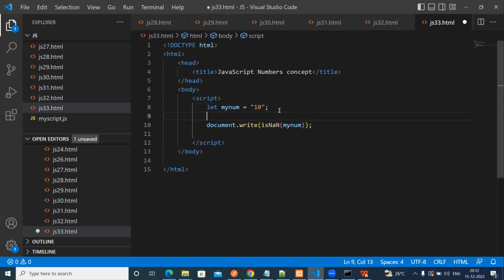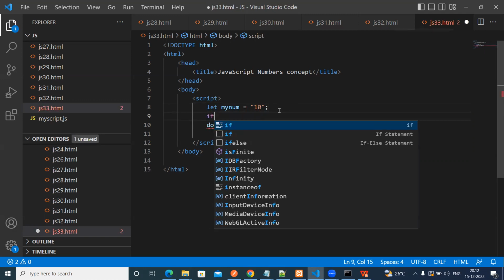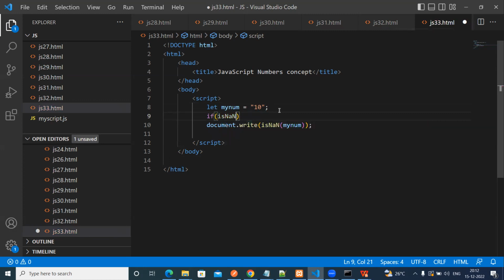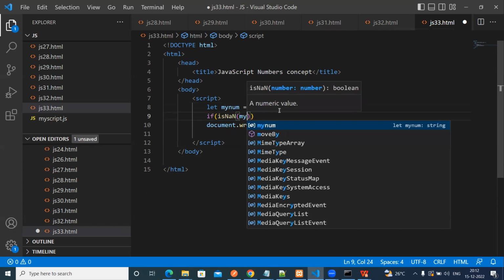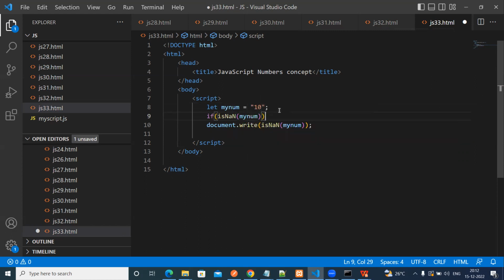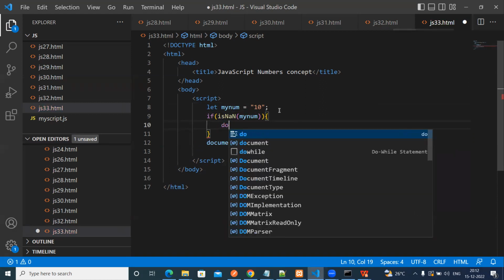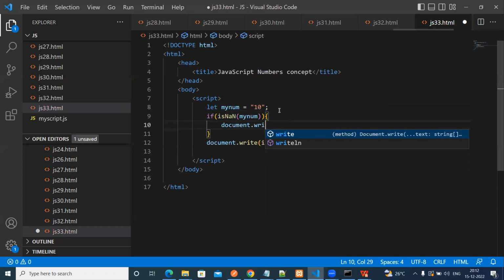Why it is written isNaN, my num. So then document.write, right?